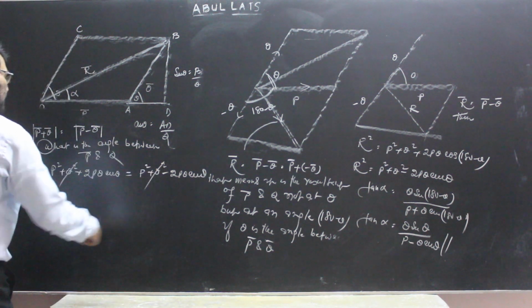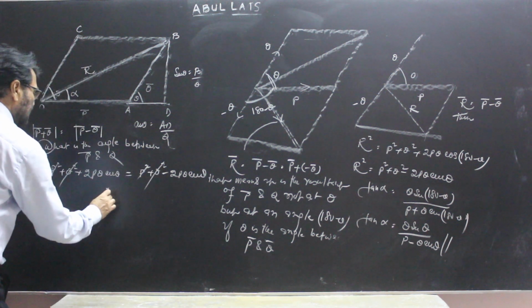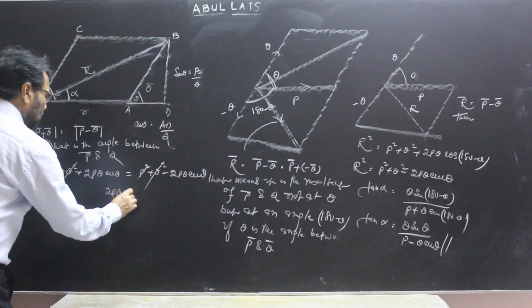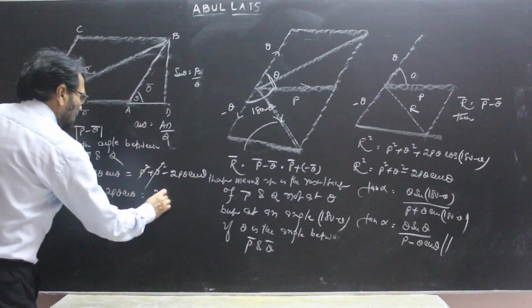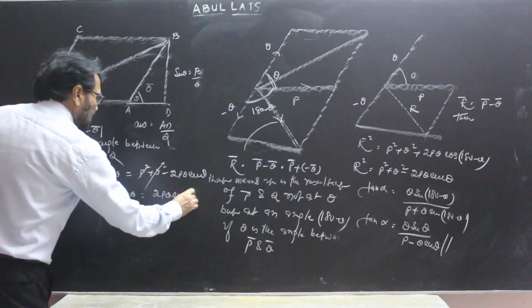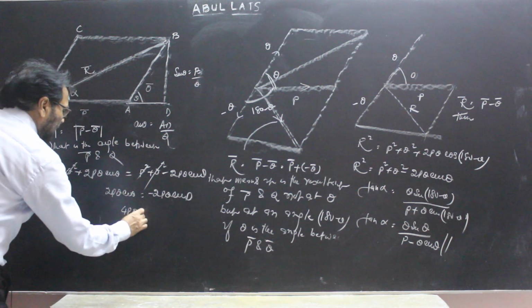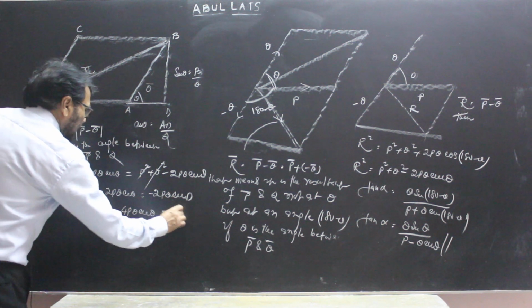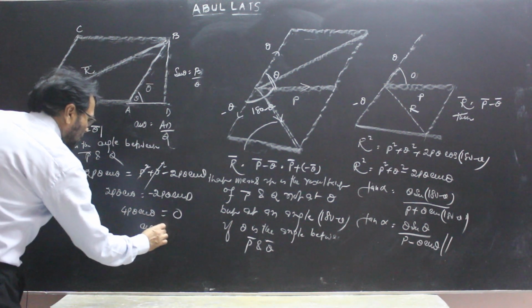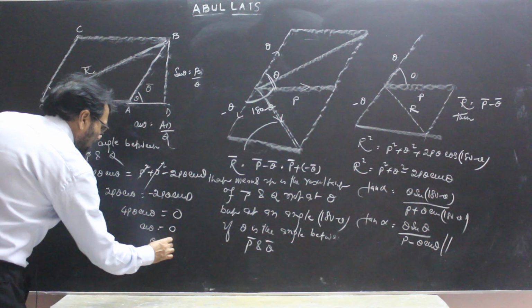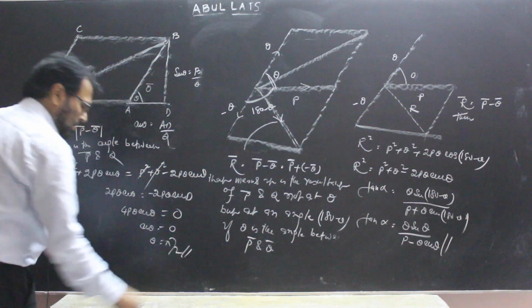So 2PQ cos theta is equal to 2PQ cos theta with a minus sign. So 4PQ cos theta is 0, cos theta is 0, so theta is 90 degrees.